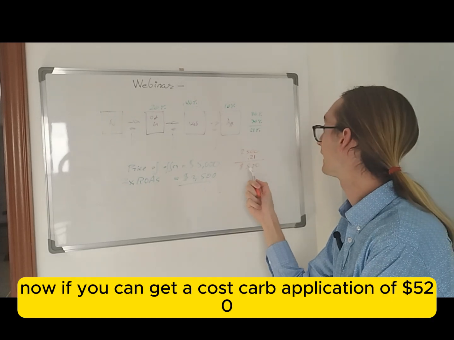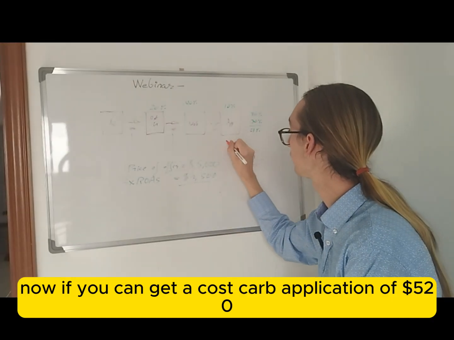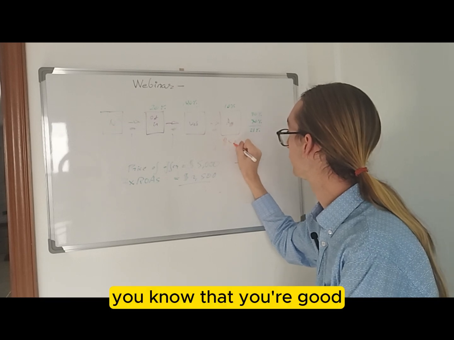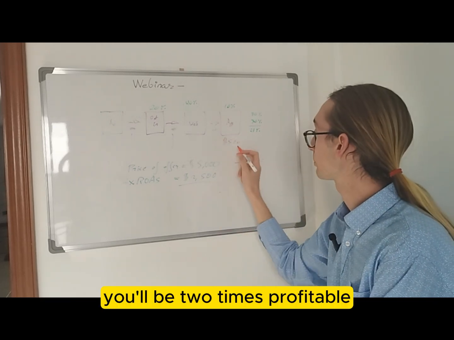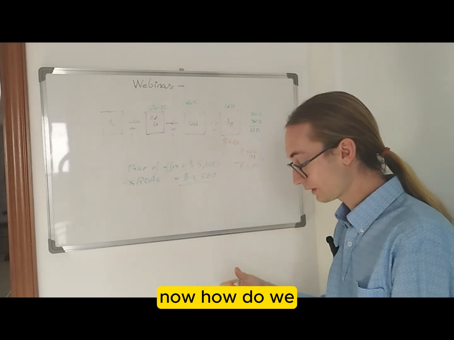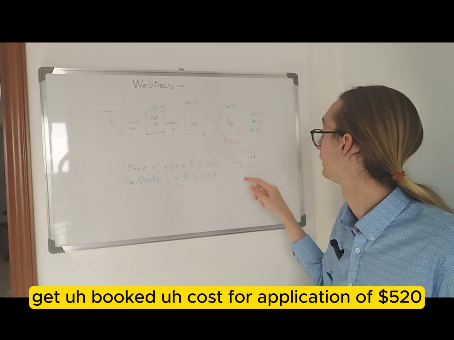Now, if you can get a cost per application of $520, you know that you're good. You'll be 2 times profitable. Now, how do we get a cost per application of $520?